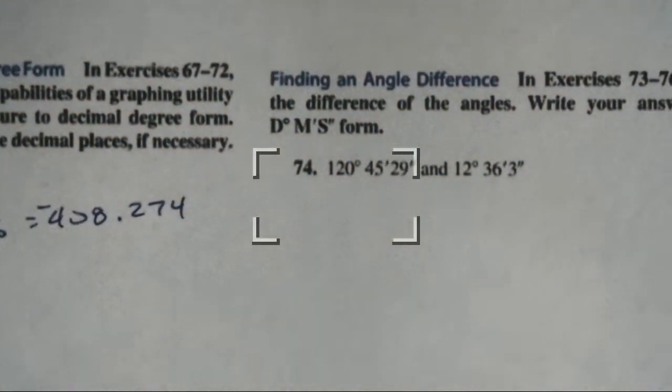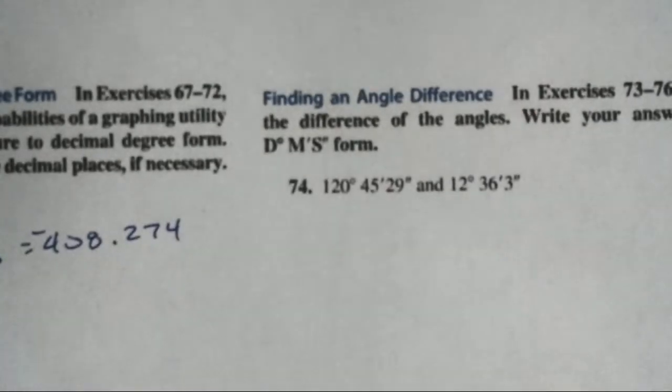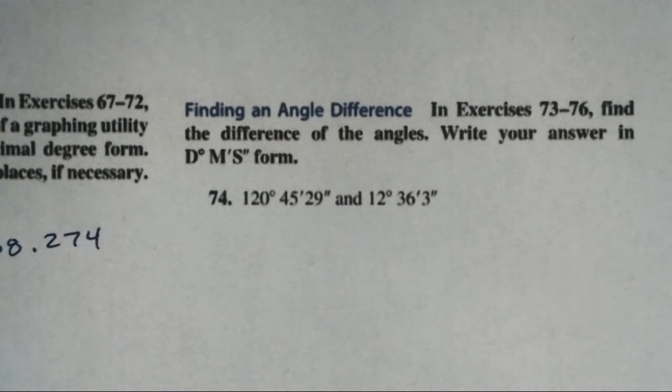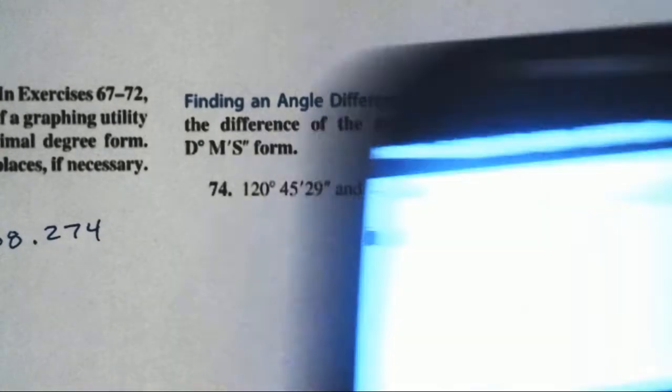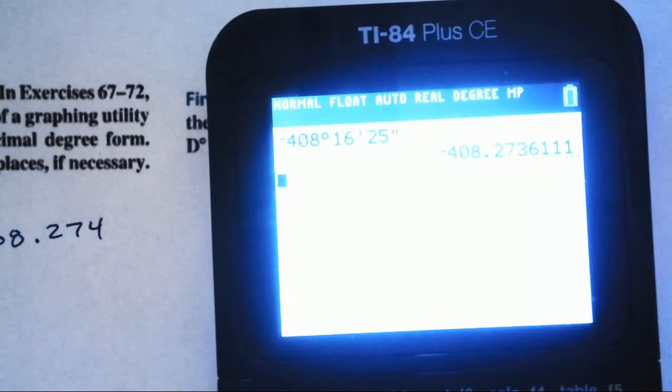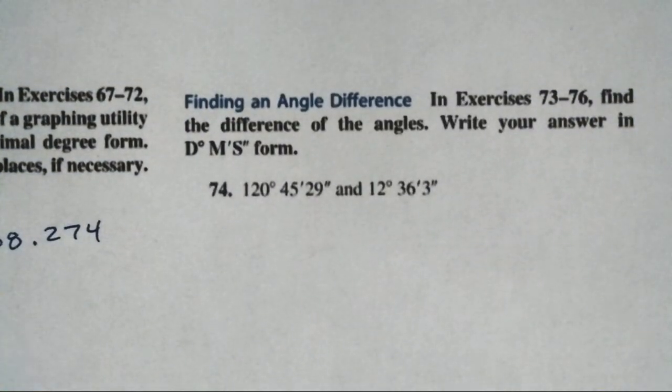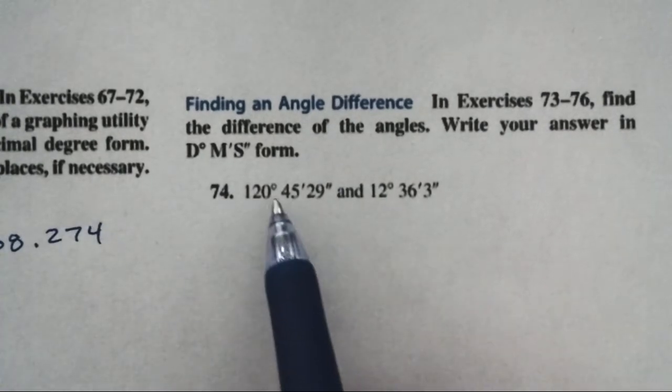Okay? All right. Now, this one, we are to find the difference between these two angles. And we can actually set this up in our calculator as we did right here and just put a subtraction between those. And that's probably a good idea, because imagine this.